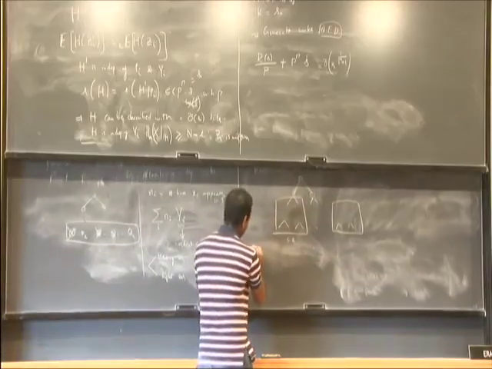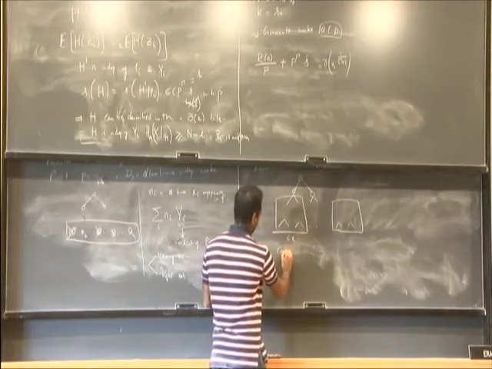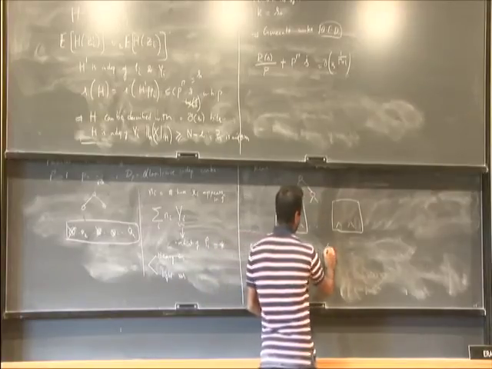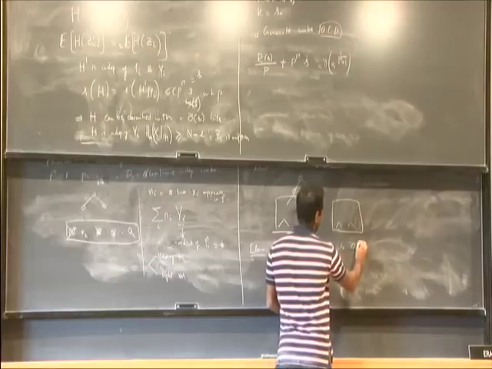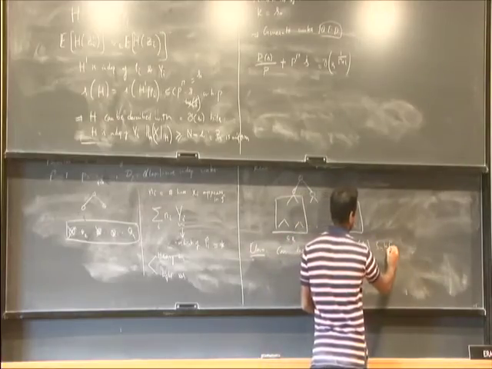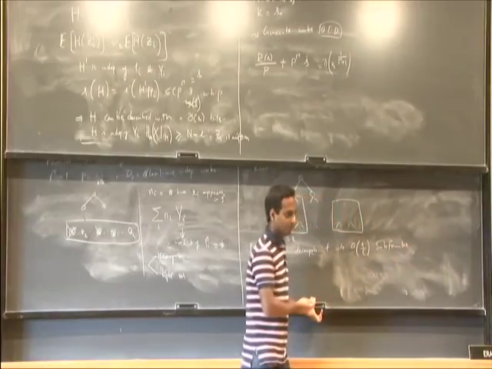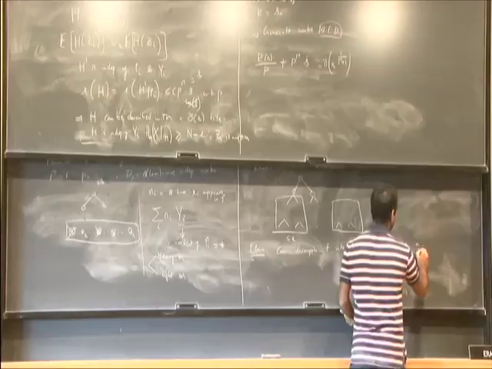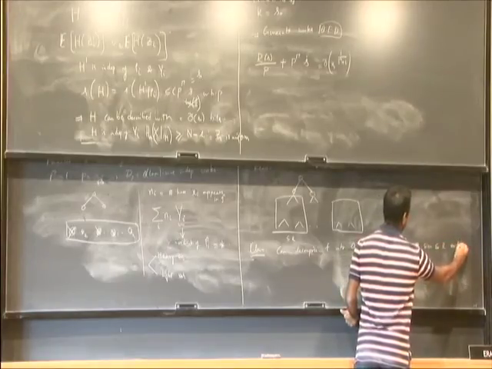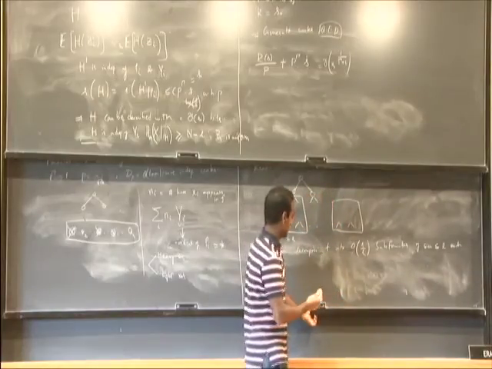The claim is that we can decompose F into O of S over L subformulas, where S is the size, each of size less than or equal to L, but with one catch.